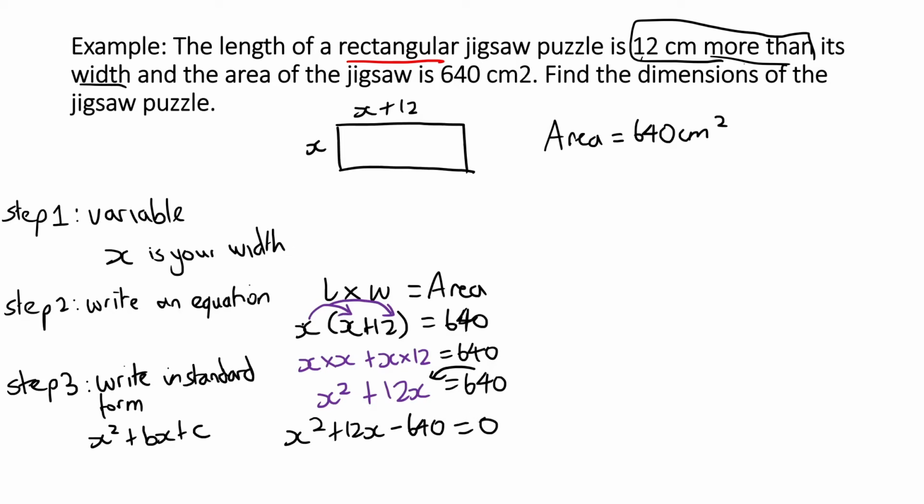We're in standard form, so we still have to factorize. Remember, we have to find the factors of the last number, so factors of 640.